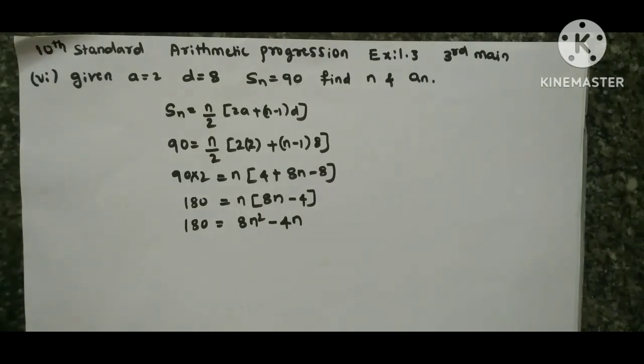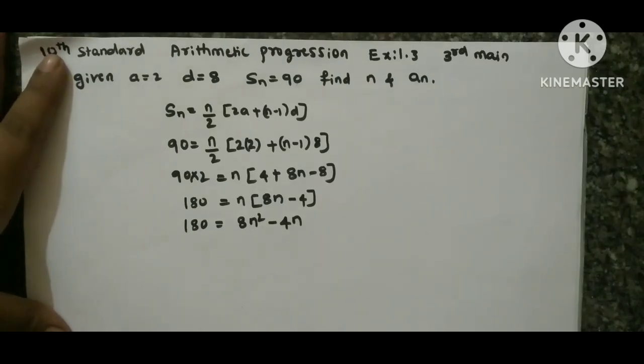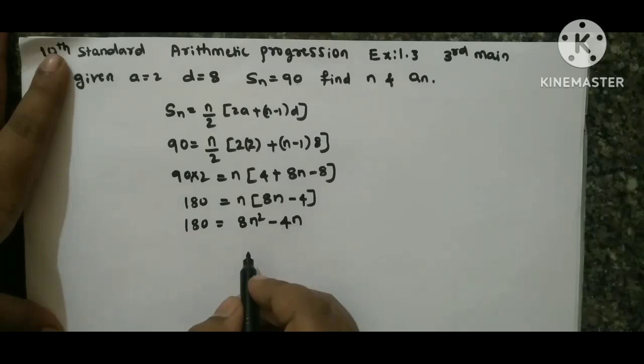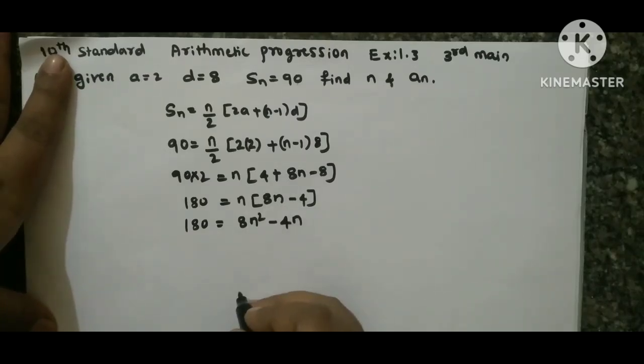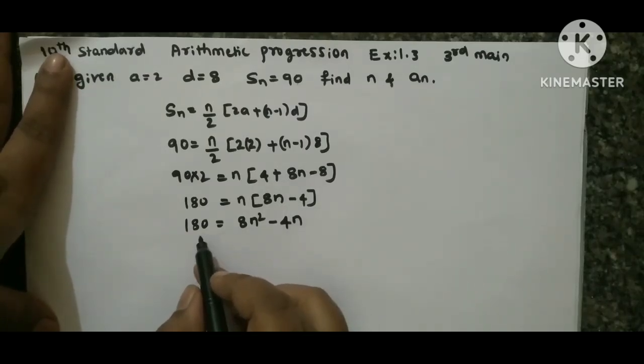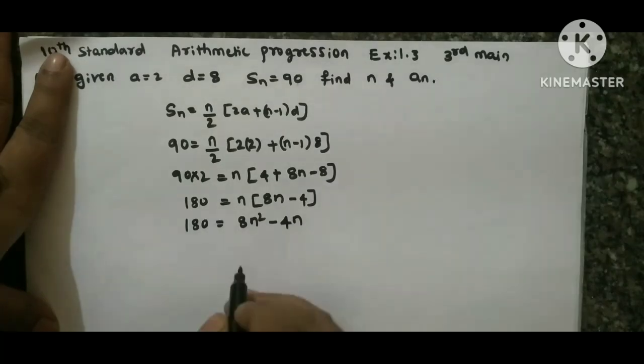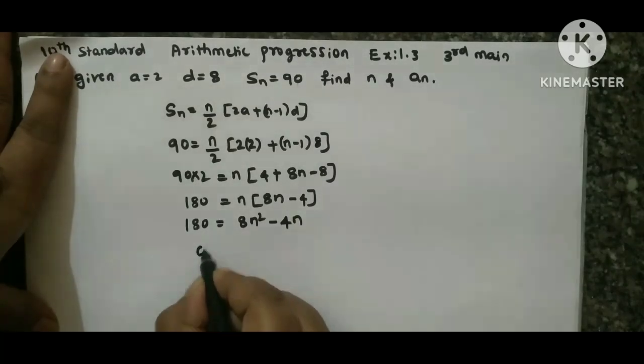You already learned about quadratic equations in 9th standard, and how to solve a quadratic equation by the tree method or by the splitting the middle term method. Like that we have to solve and find the n value here. Now what I will do is, this 180 also I will transfer to the right side. Then on the left side 0 will remain.